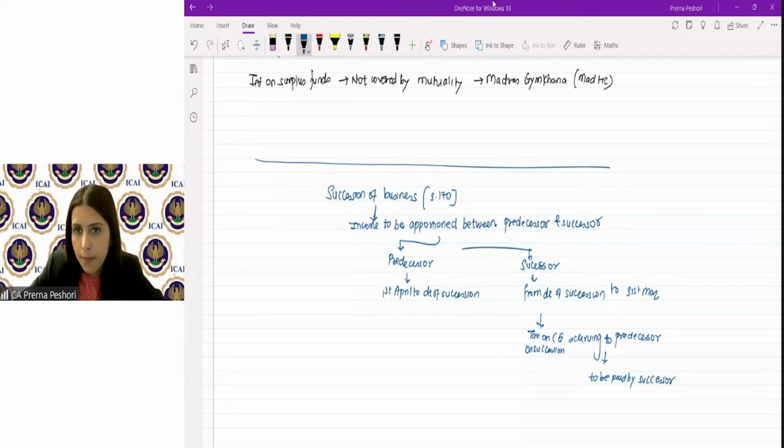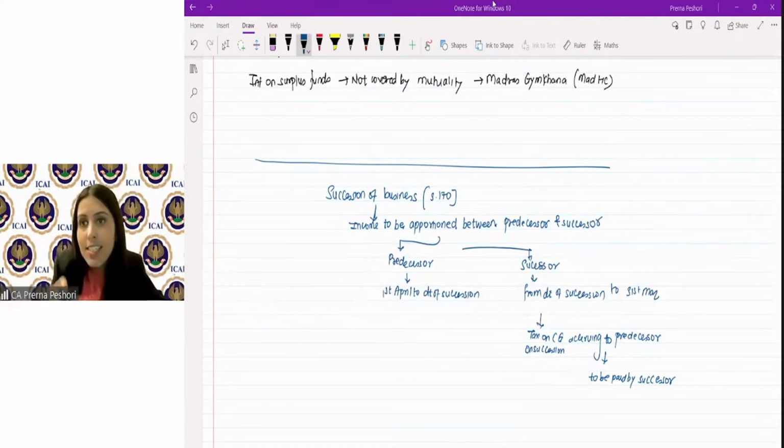Let's try and understand. So now, this year onwards, they have said that if the succession is happening, or in case of a business reorganization, where prior to the date of the order of High Court or Tribunal, any return of income has already been furnished by the predecessor, right?